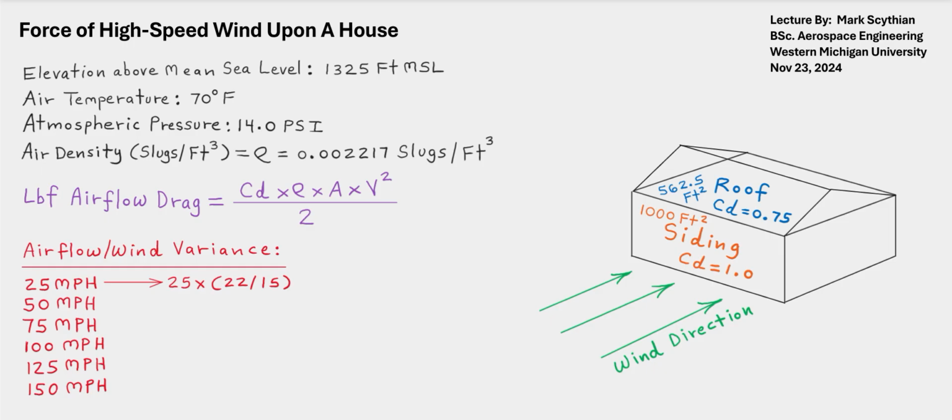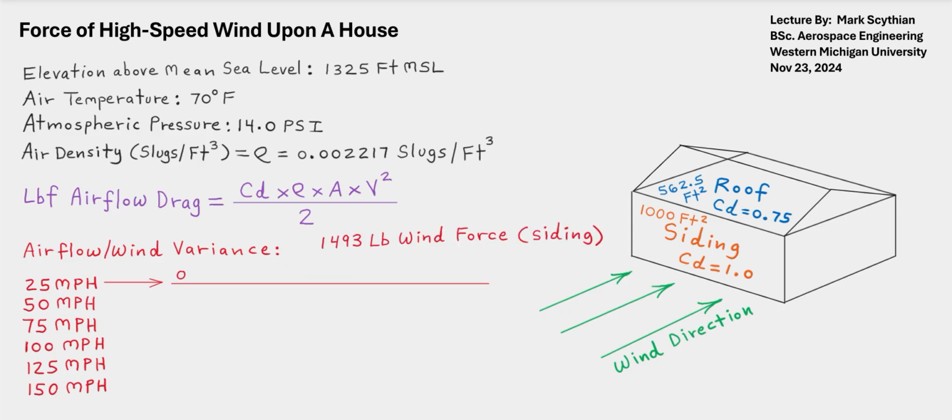We can start by converting the miles per hour of the wind into feet per second, and then calculate the drag in pounds force on first the siding at 25 miles per hour. And then we continue on and calculate the wind force on the roof at 25 miles per hour. We add them together and now we have our first value.